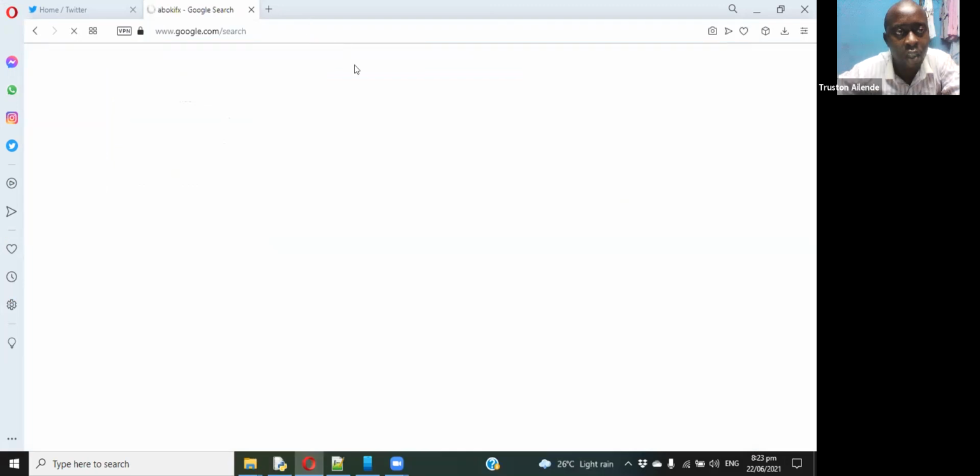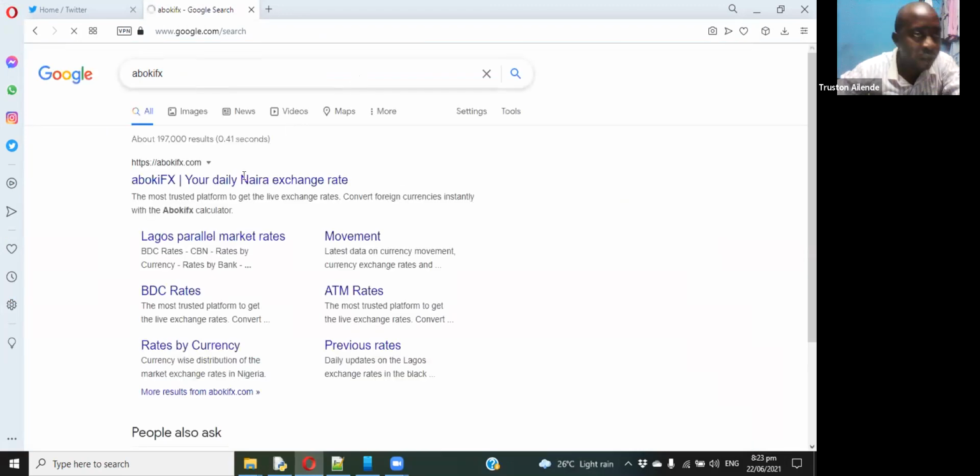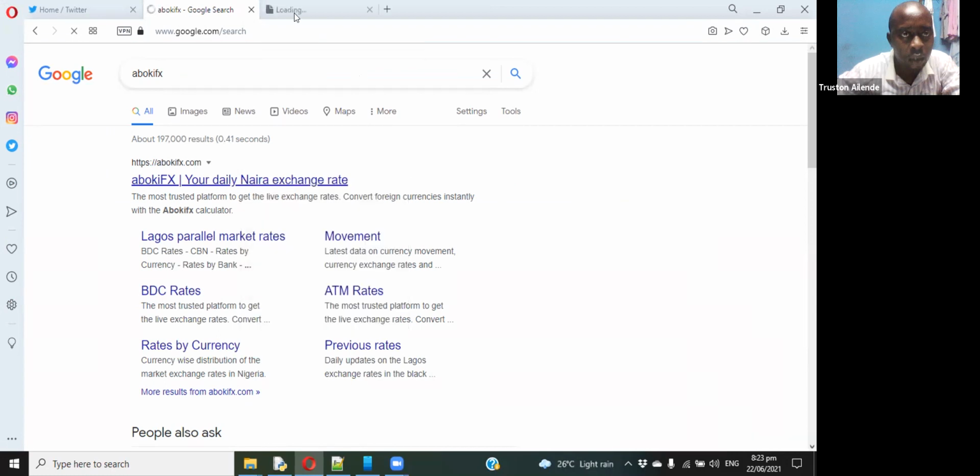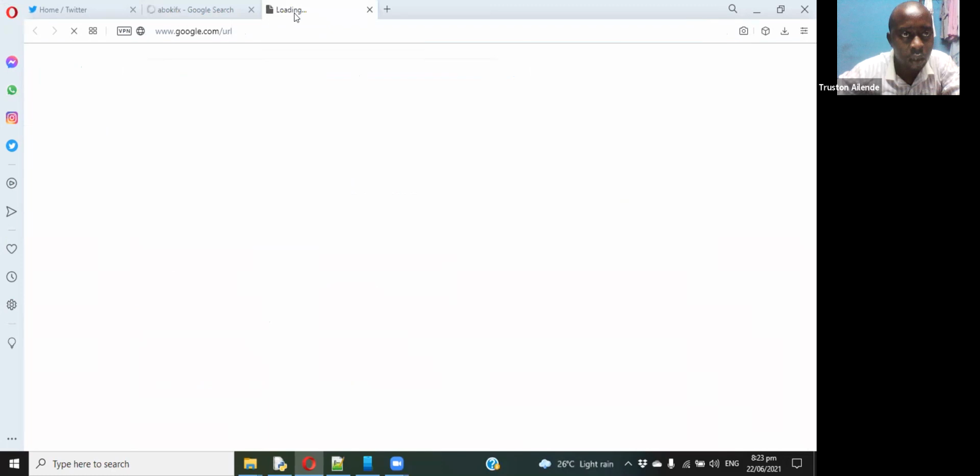So that we're using the most recent values. But while that is loading, we can continue.